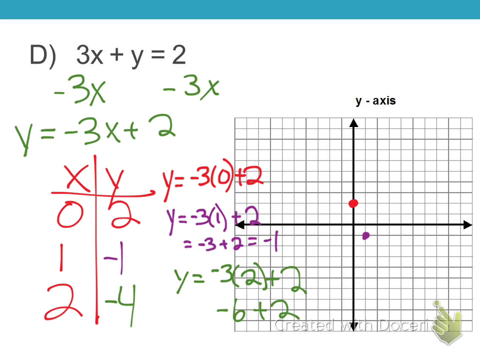Hold on. Before I do that, I'm going to use you as an example. So he accidentally said 4. So let's pretend you got 4. You can still do that. So if I got positive 4, I would be right here. Why is that not going to work? It's not a line. If you are not getting a line, you are making a mistake. This is not a connect the dots art project, okay?